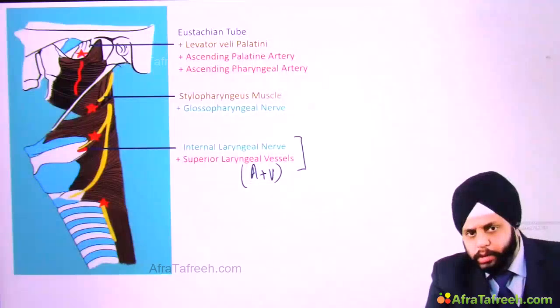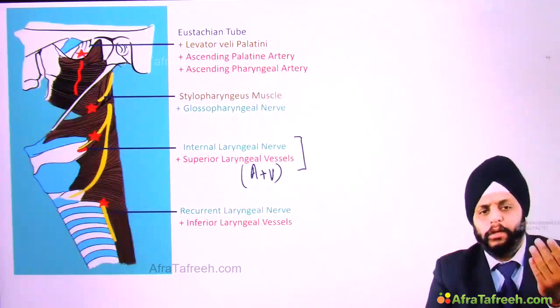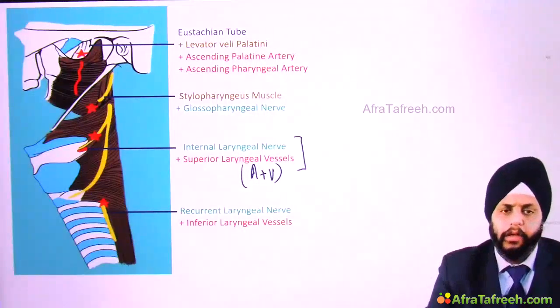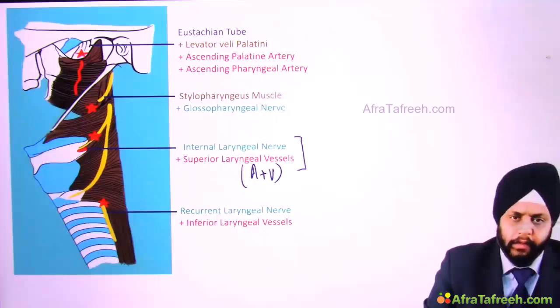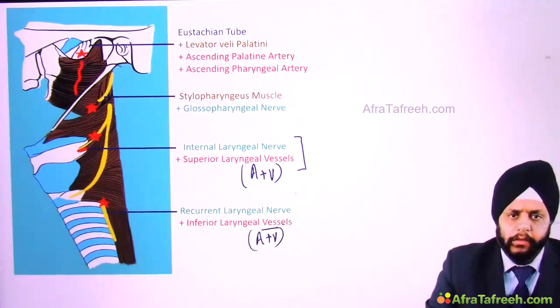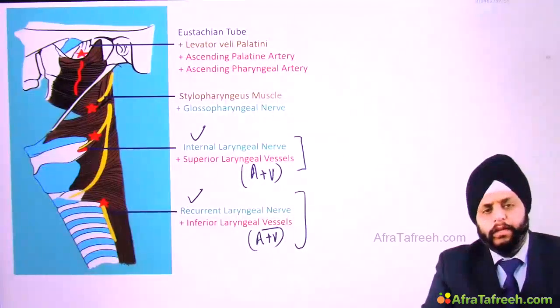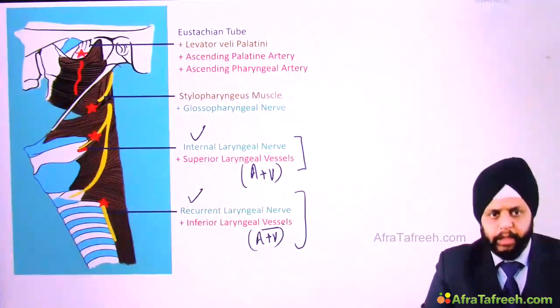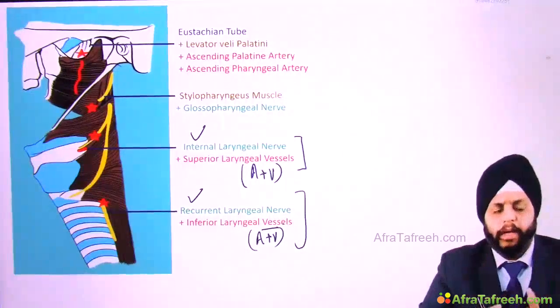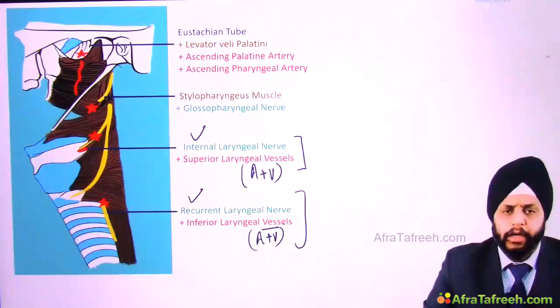And below the inferior constrictor, you can see over here that a structure is coming from below, that is the recurrent laryngeal nerve going along with the inferior laryngeal vessels. Once again, vessels means artery and vein. Both these we will study in detail when we study the topic of larynx. But these are the structures that pass through the wall of the pharynx between the different constrictor muscles.